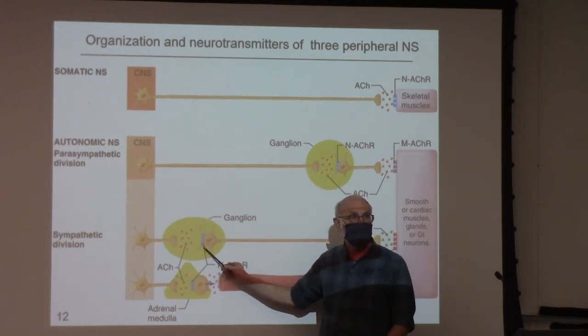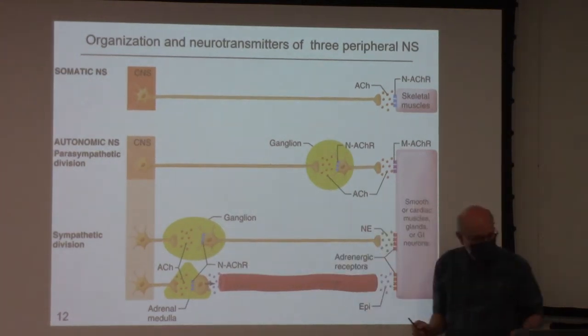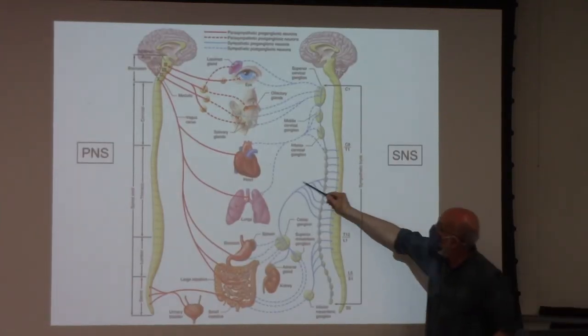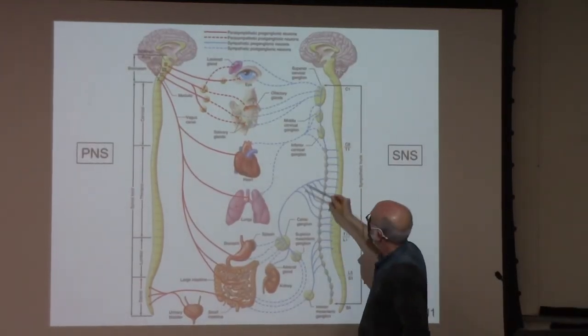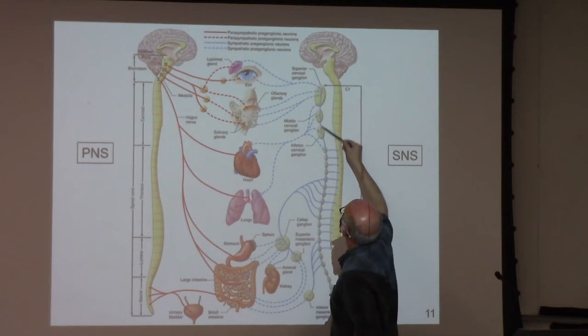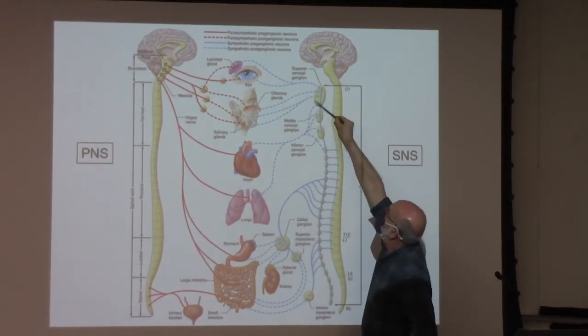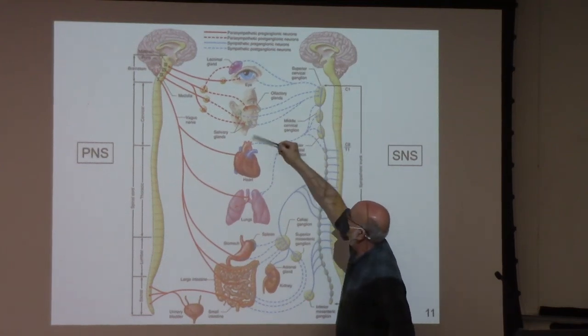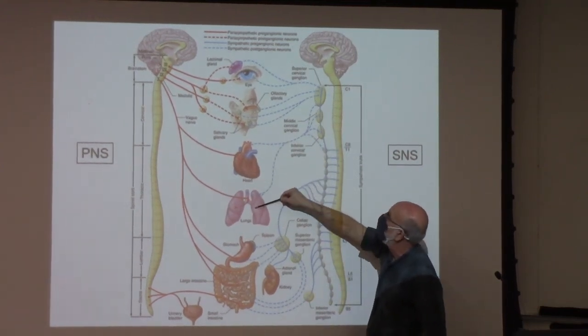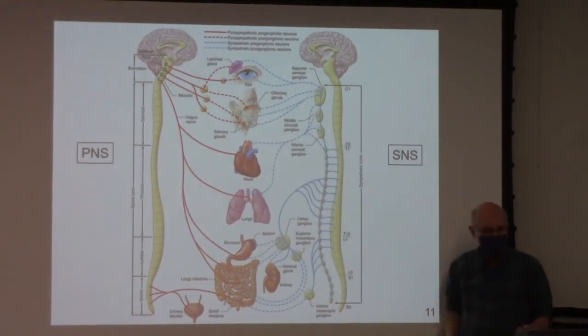We already did that. Action potentials in the secondary neuron, which go, well, let's just be up here. First neuron, acetylcholine, nicotinic receptors, action potentials to the target, to the heart, to the lungs. Let's just focus on those for a minute.